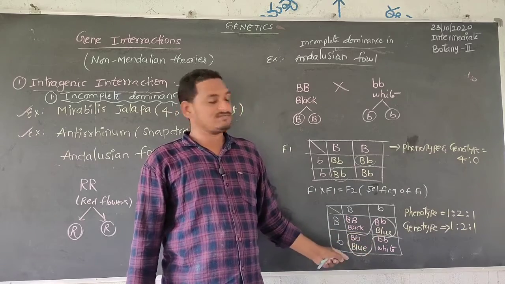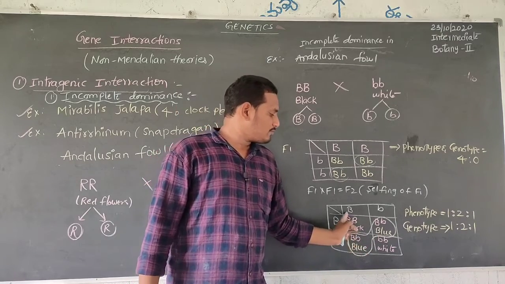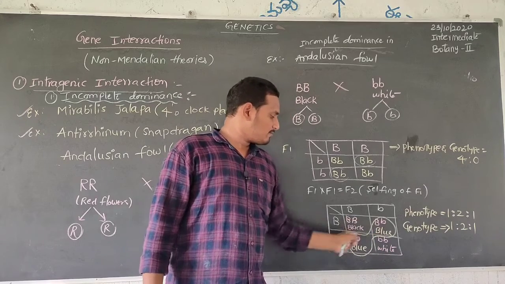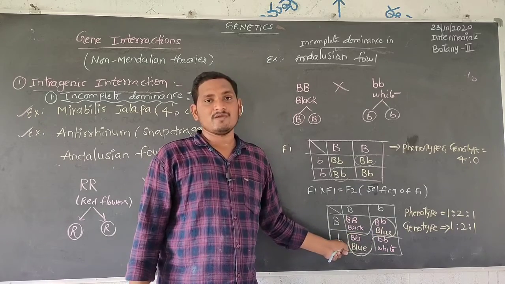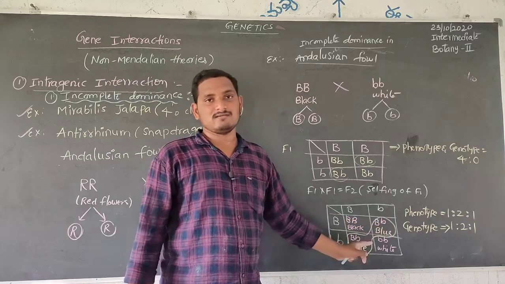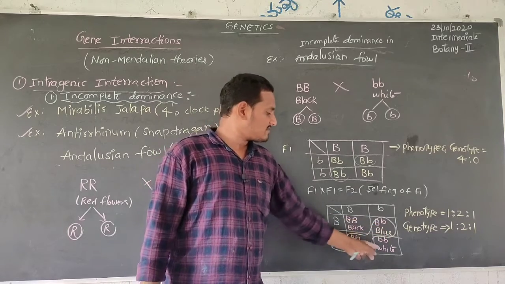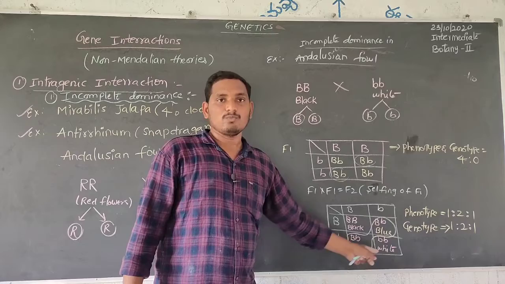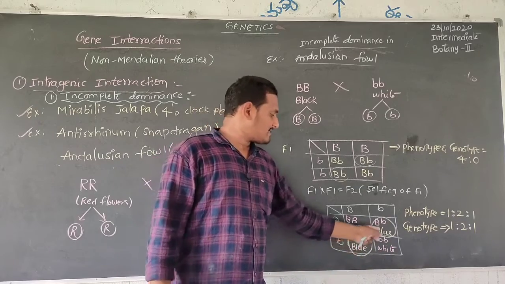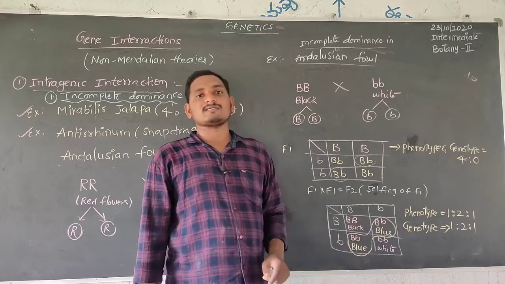It is not correct actually. Why? Because crossing between black and white will give blue color ones, but growing blue individually is not correct. So black crossed with white will give blue, which is highly priced in the market. These two are low priced in the market.